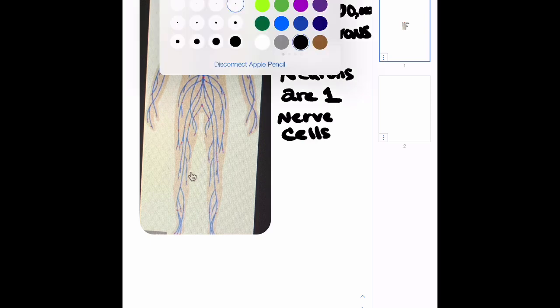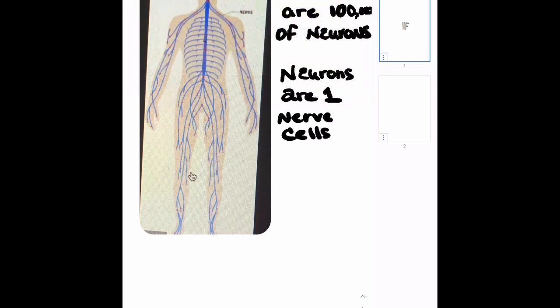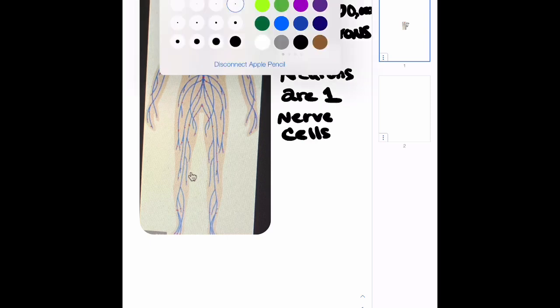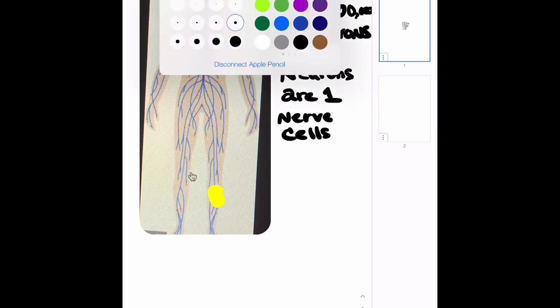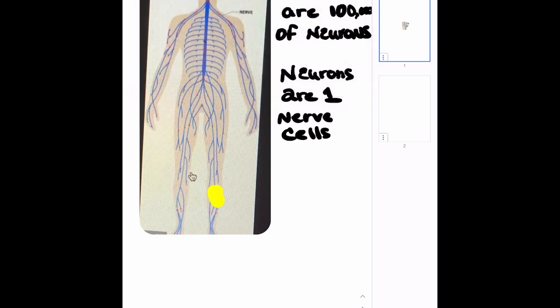I'm going to change my color to a yellow, and I'm going to change my pen size to something bigger. Okay, so all of these that I'm coloring, and I'm going to erase, all of those are hundreds and hundreds of thousands of neurons.